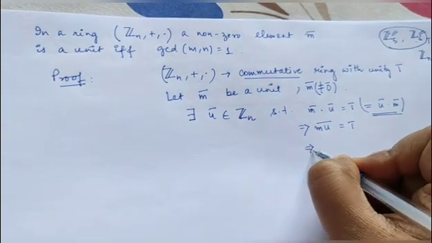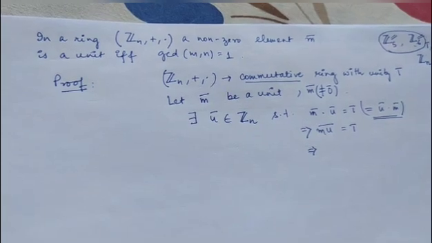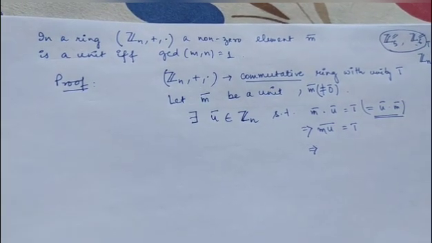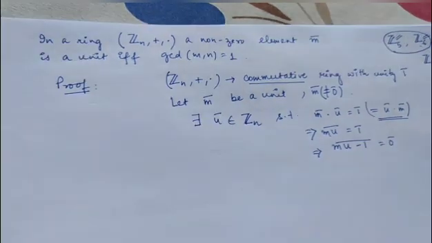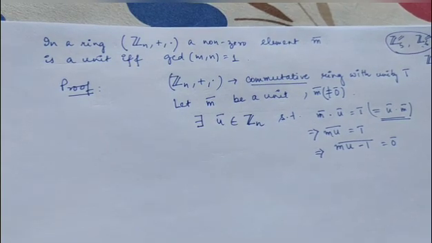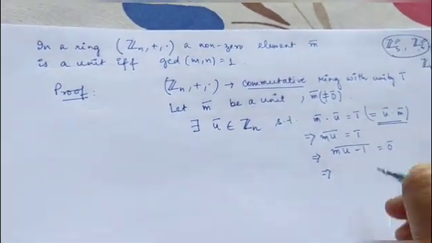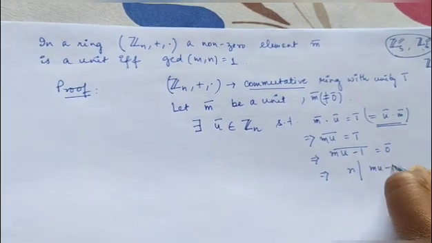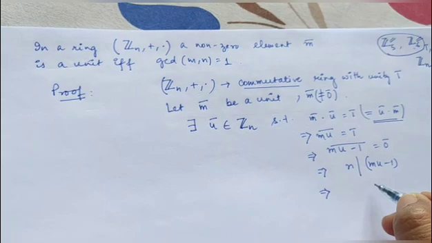What does it imply, that these two classes are equal? In class I had defined that this is equal to class 0 by the simple addition operation of classes. So the class of mu minus 1 equals class 0, meaning n divides mu minus 1.